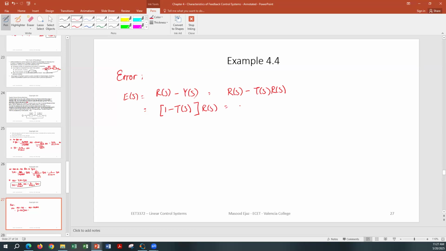Okay, so we don't have a single transfer function. So instead of writing this, we're just going to plug in the complete expression for Y(s) here.